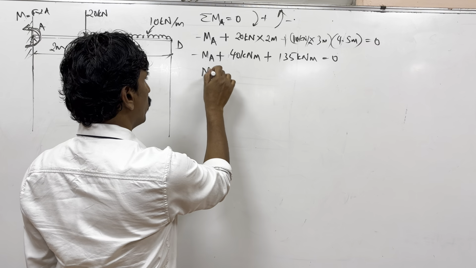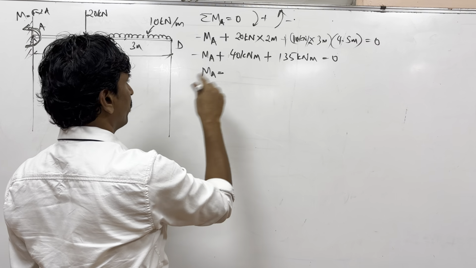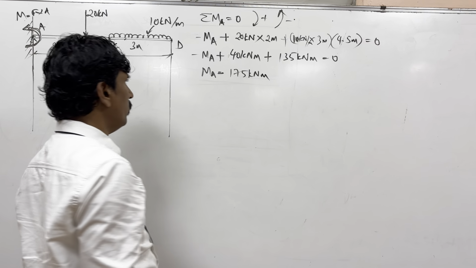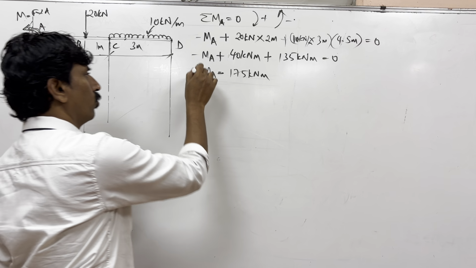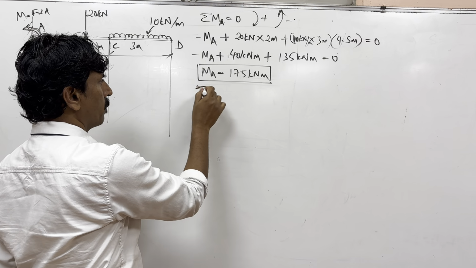So you can say MA is equal to 135 plus 40, 175. So you found out MA is equal to 175 kilonewton meter, and then the sum of the forces is equal to 0.